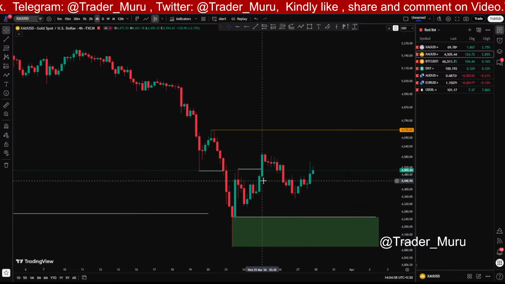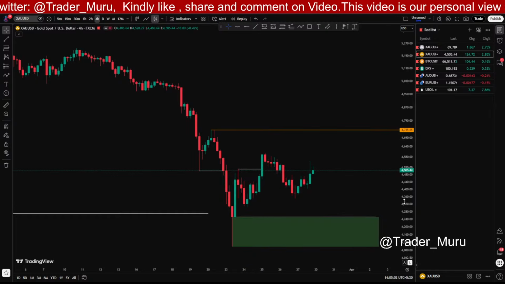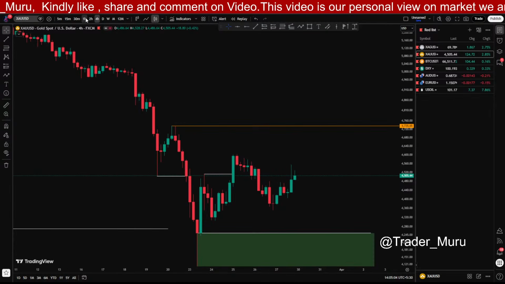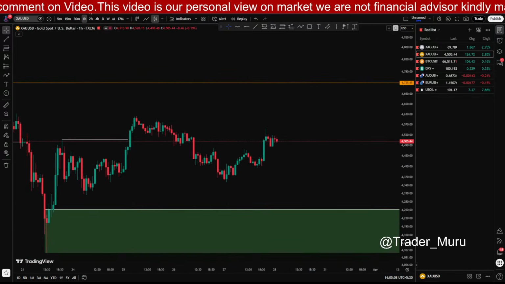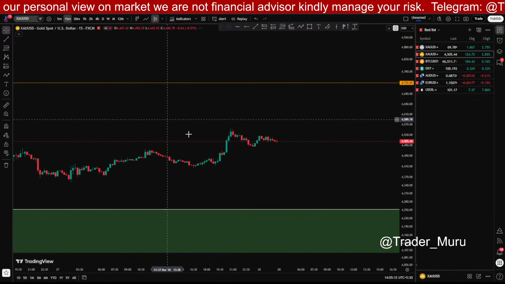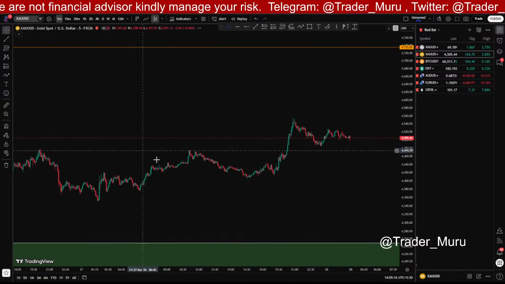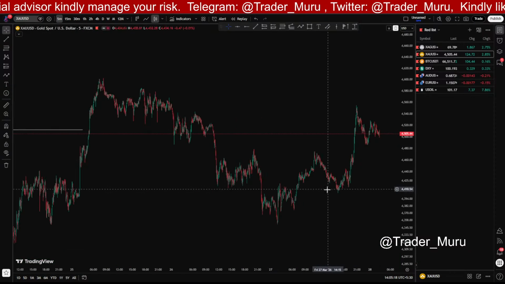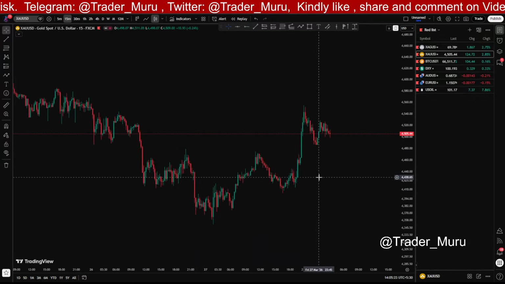No. In day trading, if you want to trade gold, follow the 1 hour time frame and your confirmations will be on 15-minute, and rarely go to 5-minute. Mostly your confirmation will happen on the 15-minute time frame.